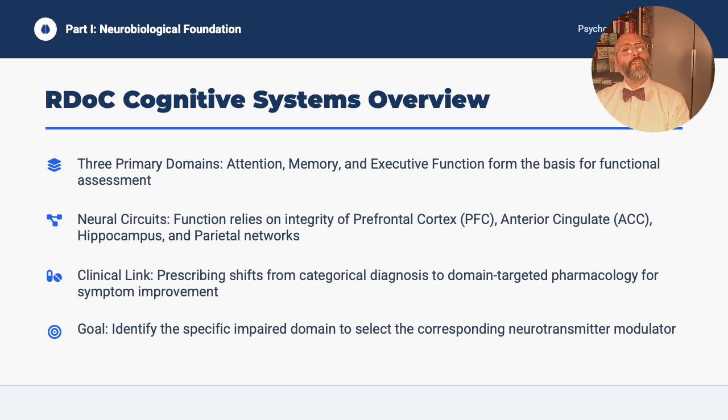So what we want to do is identify the impaired domain first, and then consider whether there's a reasonable neurotransmitter target. Or, just as importantly, if there is not a reasonable neurotransmitter target. So this framework doesn't promise you any sort of dramatic improvement, but it tries to give you a guide for precision and restraint and safe prescribing in a cognitively vulnerable person.